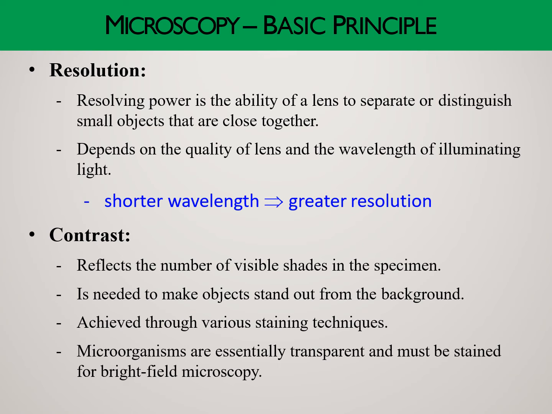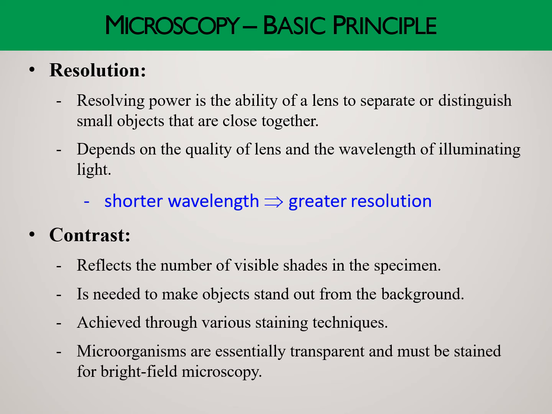Resolution is the ability to see two close objects as two distinct objects. The limit of resolution is the closest distance between two points at which the points can still be distinguished as separate entities. It depends upon the quality of the lens and the wavelength of the illuminating light.